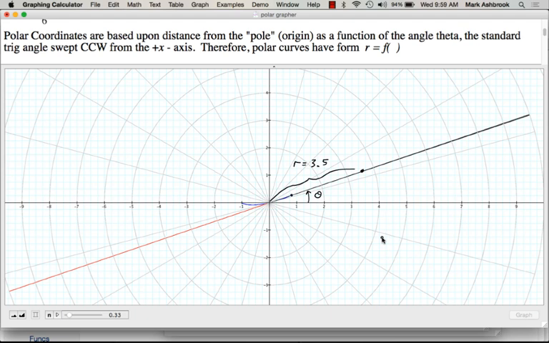So this is the point 3.5, comma, and suppose that is, I don't know, let's see. Just suppose it's pi over 8, okay? Just making it up. It's not, but it's 0.33 radians, okay? So just say pi over 8.